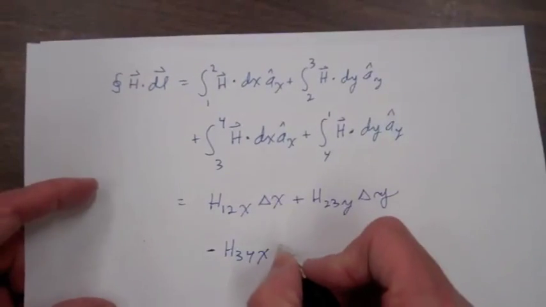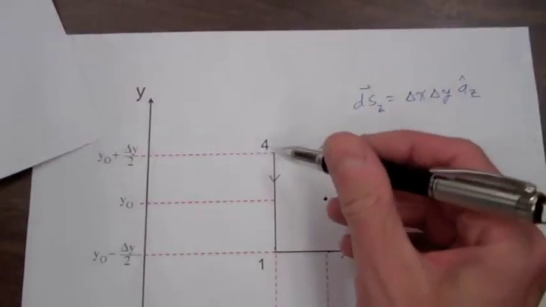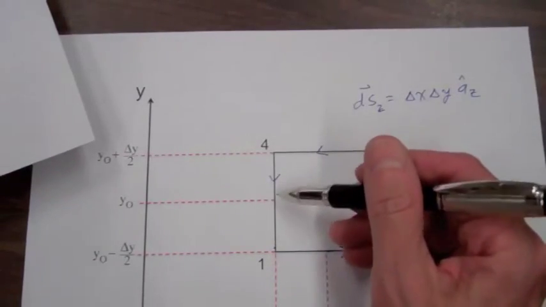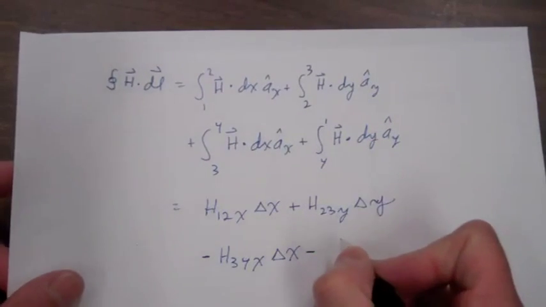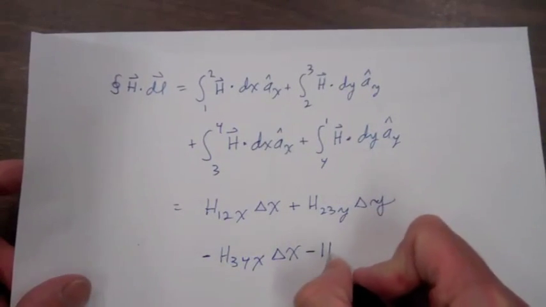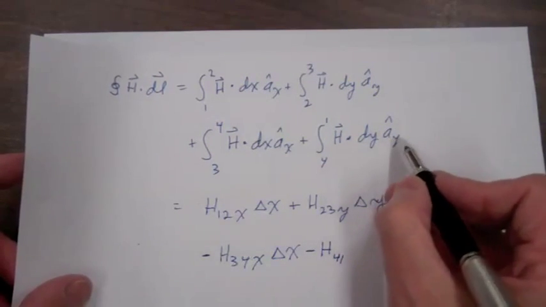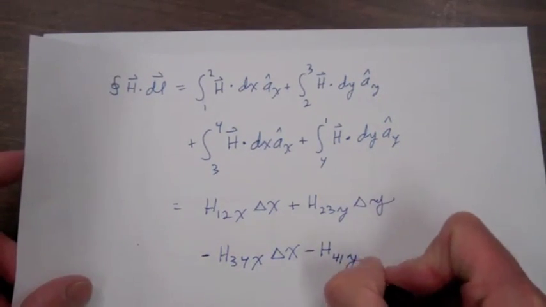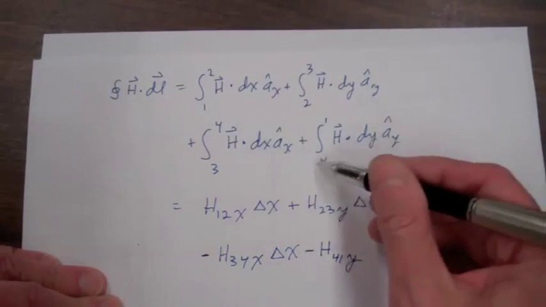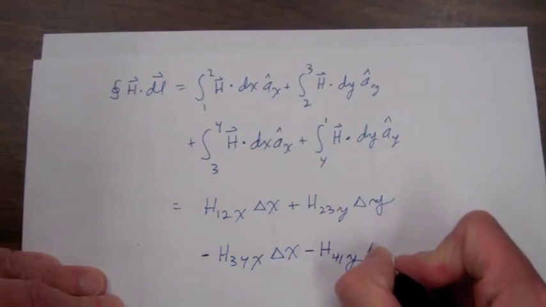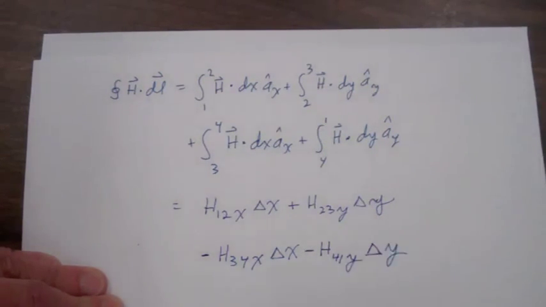We'll just get the length delta x. Then when we integrate from 4 to 1, again we're going in the opposite direction of our defined dl. That will give us a minus sign. We'll have the value of H along line segment 4 to 1. Since we're dotting with a sub y, we'll get the y component. And since we're integrating only in the dy direction from 4 to 1, we'll get that length of the line segment from 4 to 1, which is delta y.